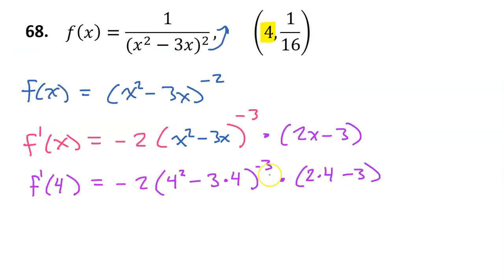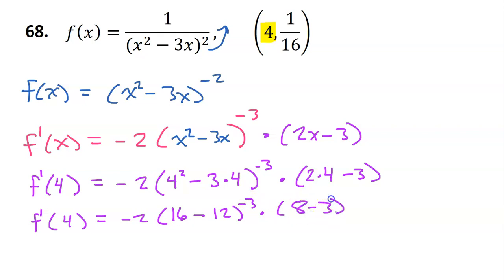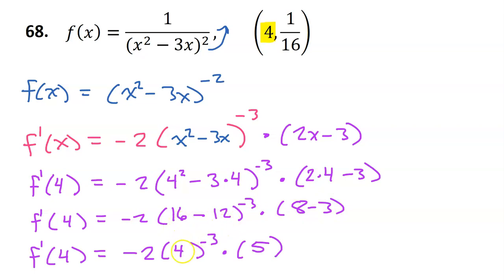So we have this so far, but let's simplify this down and see what we get. So we're going to have negative 2 times 16 minus 12 to the negative 3 power times 8 minus 3. And then 16 minus 12 is 4, 8 minus 3 is 5, so we have this.